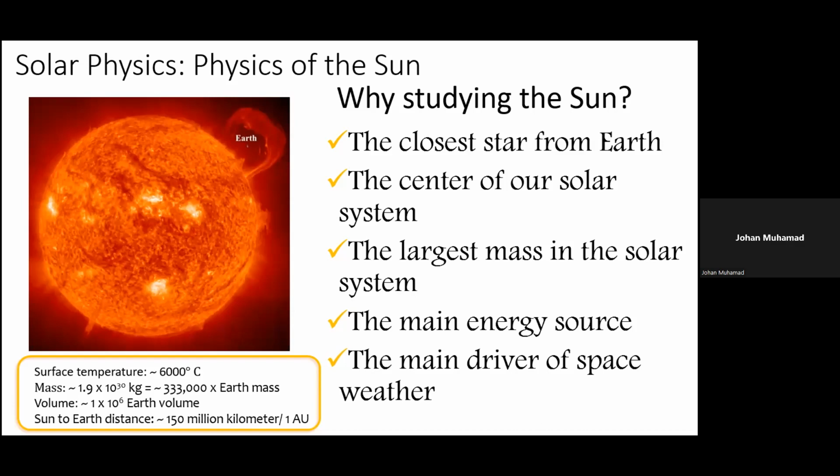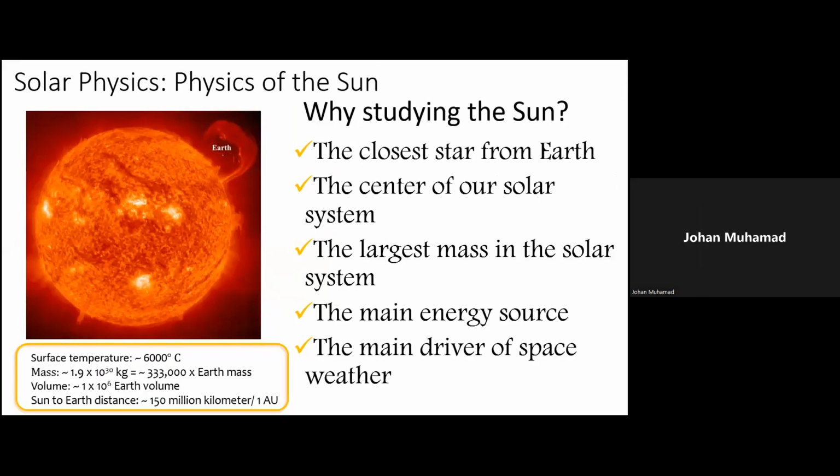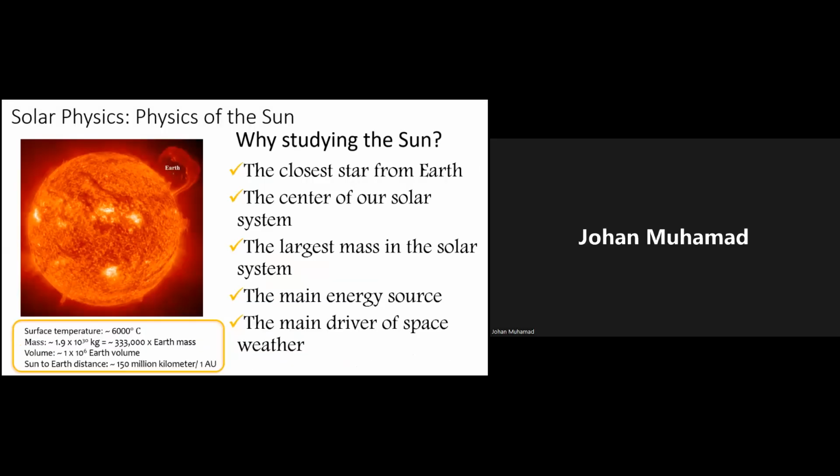That is very important for those of you who are interested in stellar physics, because you can see your subject in more detail by observing the sun, because we have many observatories, ground-based and also space-based, that can even go very close to the sun.